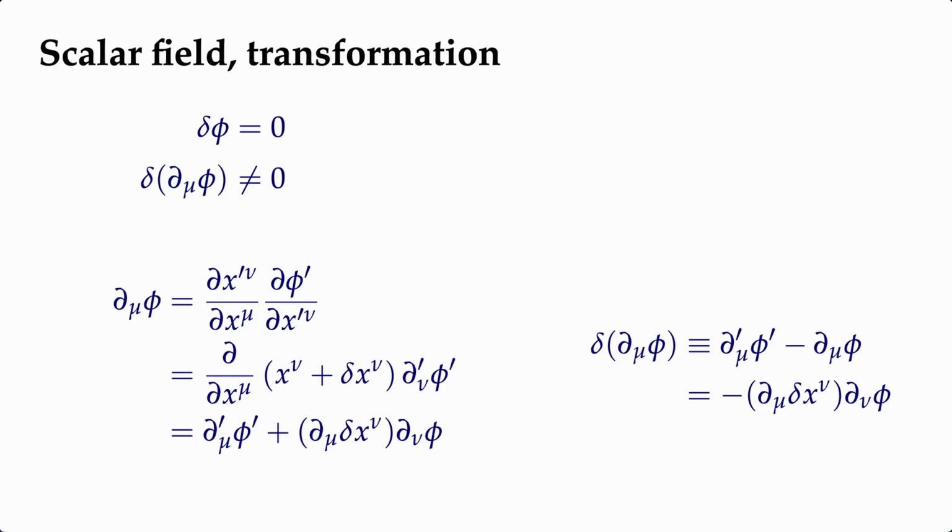That is not the case for spacetime symmetries. The reason is that the spacetime points that enter the definition of the derivatives get transformed. All we need is the chain rule for derivatives. If we compare partial mu acting on phi to partial prime mu acting on phi prime, and keep only the linear terms in infinitesimal displacement, then we get a simple expression in the lower right corner.